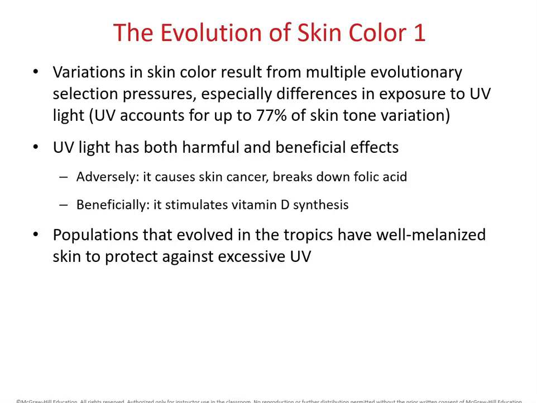It allowed for less vitamin D synthesis in the epidermis. So having more melanin and consequently a darker skin tone has both a protective and non-beneficial consequence at the same time.